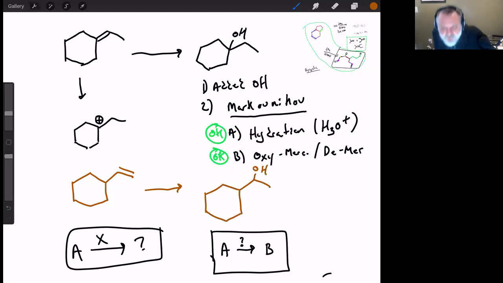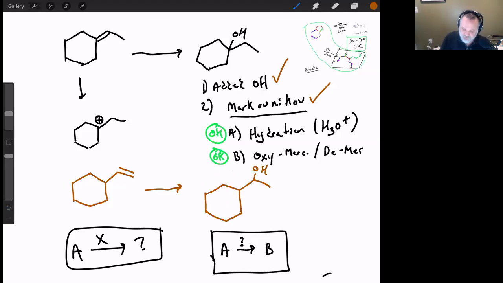So now we come up with the same 2 conclusions, that I added OH and the OH added Markovnikov. So that then still eliminates the 12 reactions. It boils it down to 2.